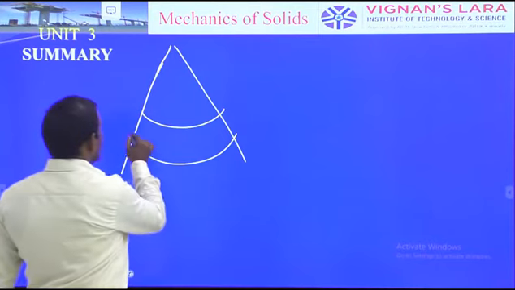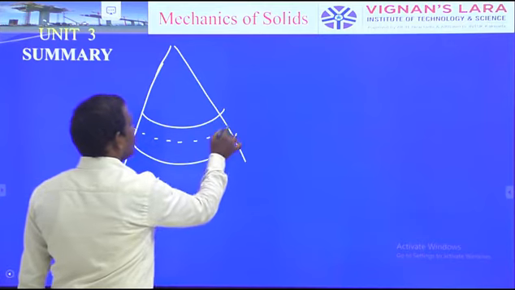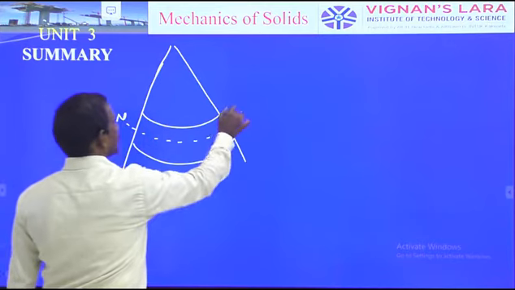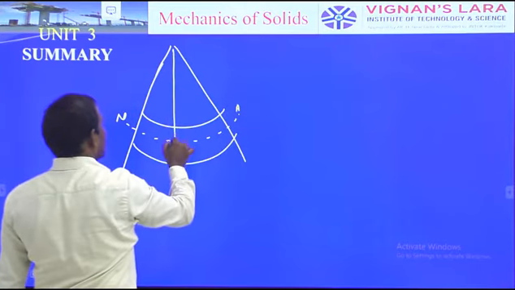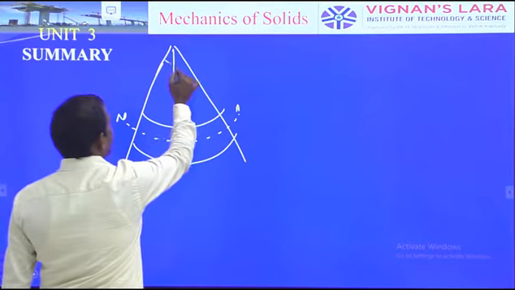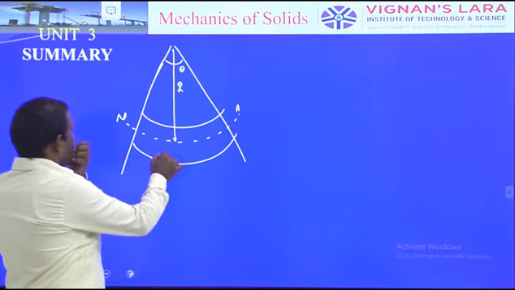After bending, as we know, this is a layer that neither increases nor decreases in length, called the neutral axis, represented by NA, and then the radius of curvature for this is R, with the angle theta, right?